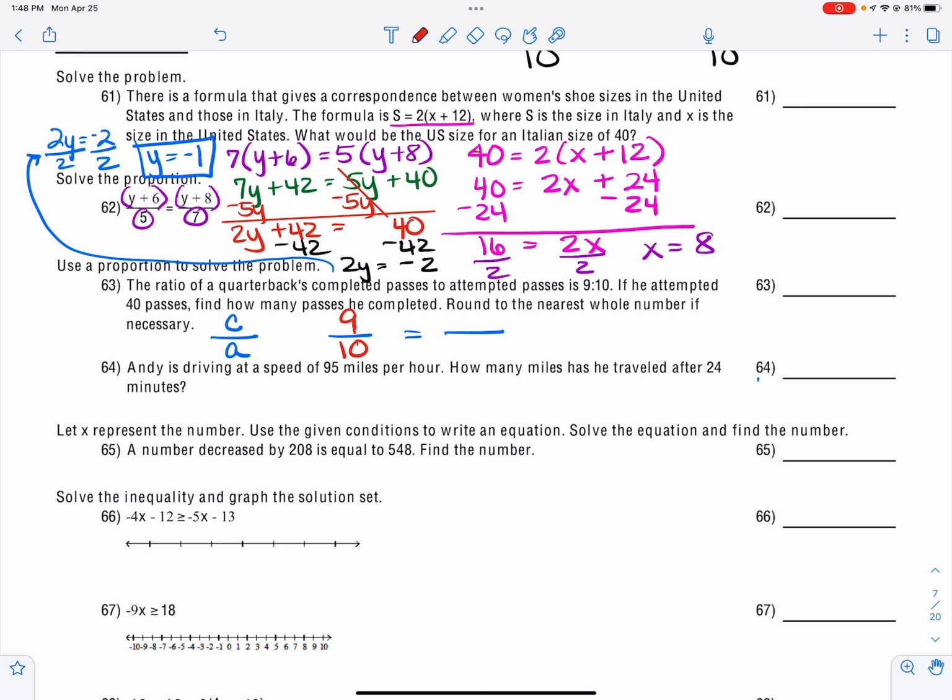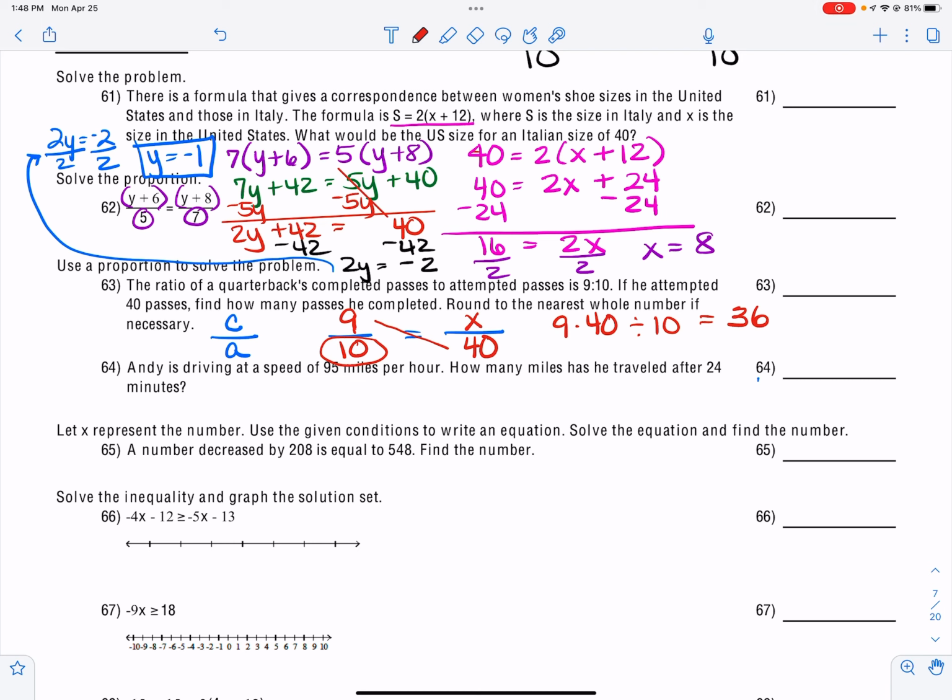Then if he attempts 40, that's going to go in the bottom. We want to know how many he's going to complete. And so here, because I just have numbers and that missing variable, I am going to multiply 9 times 40 and then divide by 10. And so that's going to tell me that theoretically he will complete 36 passes.